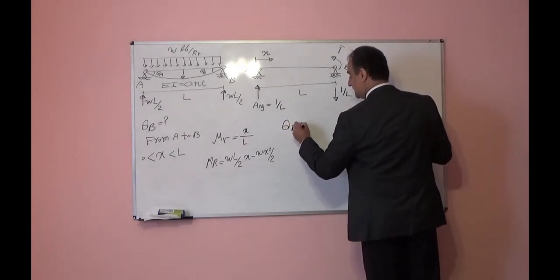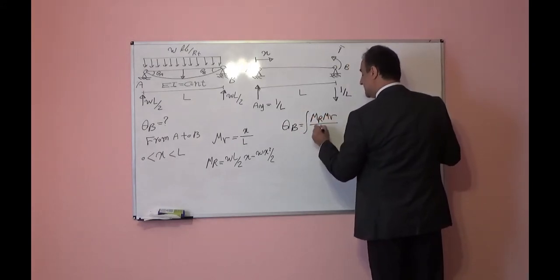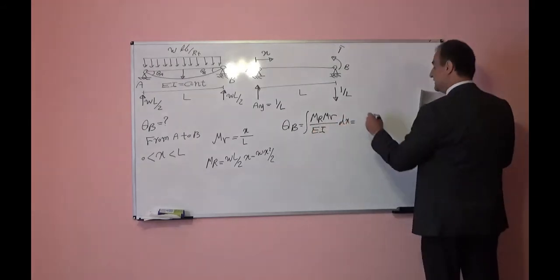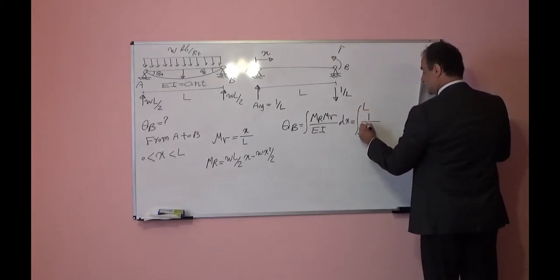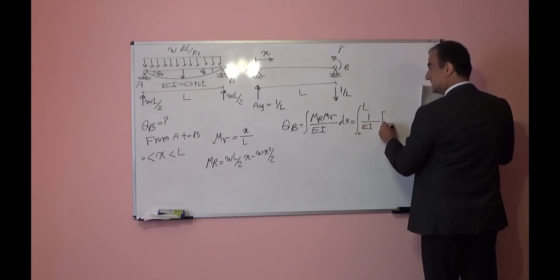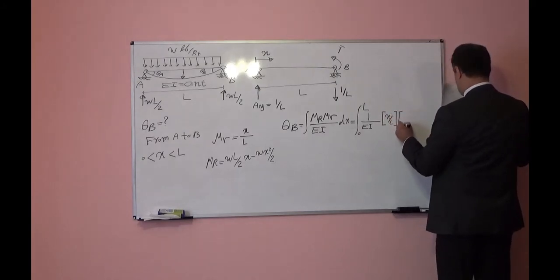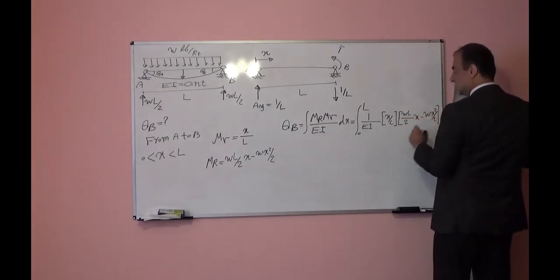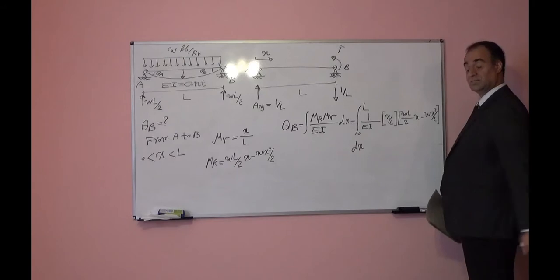Theta B will be the integration of M real M virtual over EI dx. This will be equal to the integration from 0 to L of 1 over EI times X over L times WL over 2 times X minus W X squared over 2 times dx. This will be our integration.